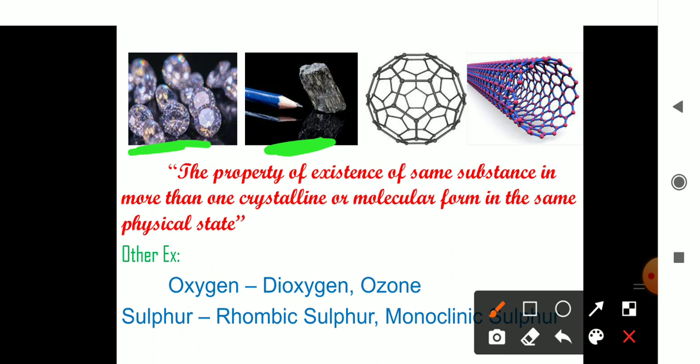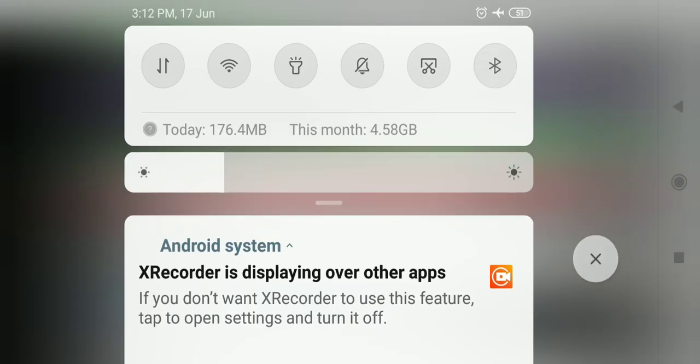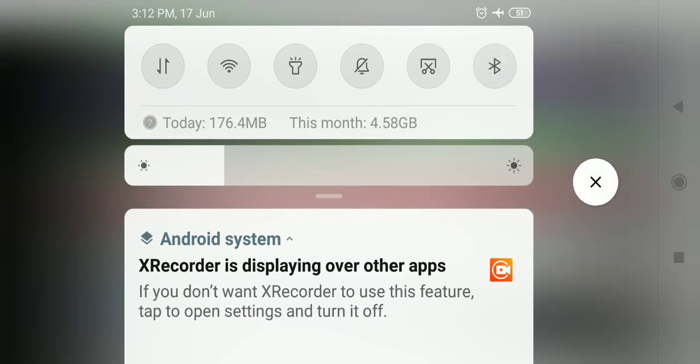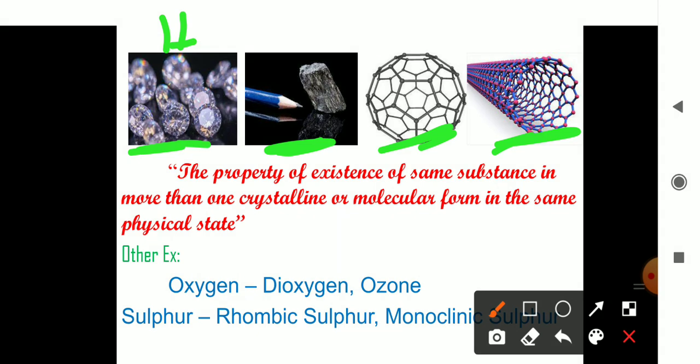Then third, this ball like structure is called fullerene, and finally this tube like structure is called carbon nanotube. I have placed 4 pictures: diamond, graphite, fullerene, and finally carbon nanotube.